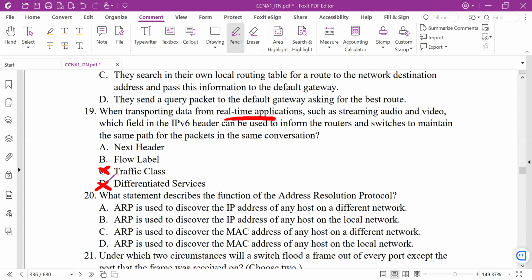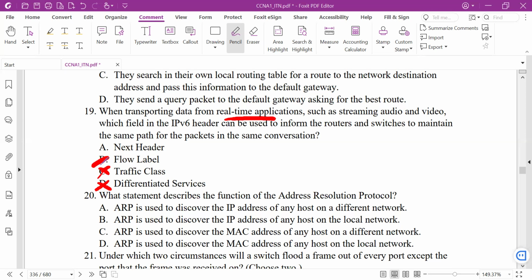I've never seen this IPv6 header field, did I? Traffic class, what is that one for? I can't remember about that one. But the answer, yes, is the flow label. Why?